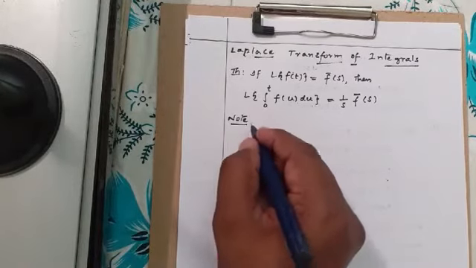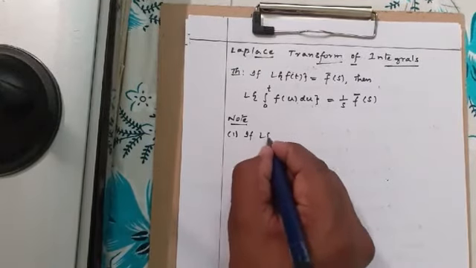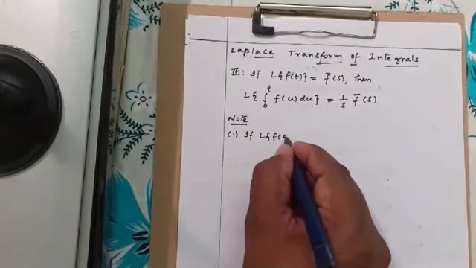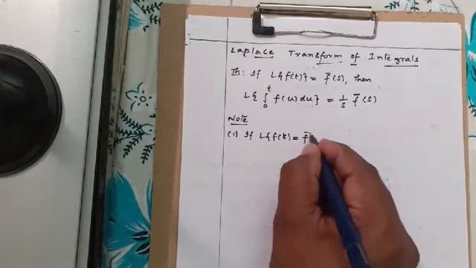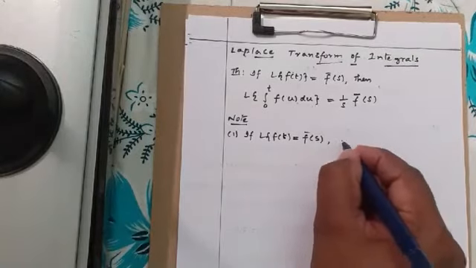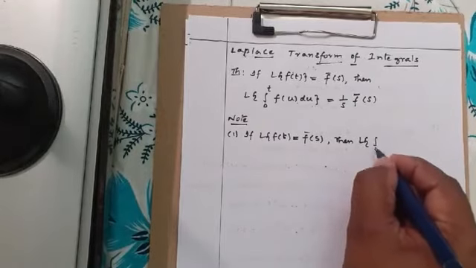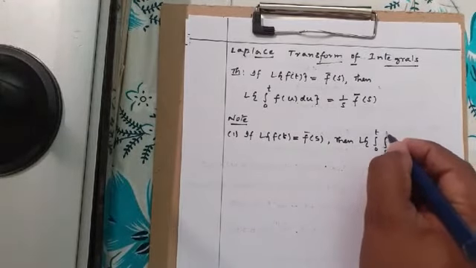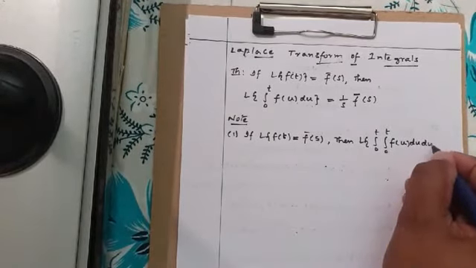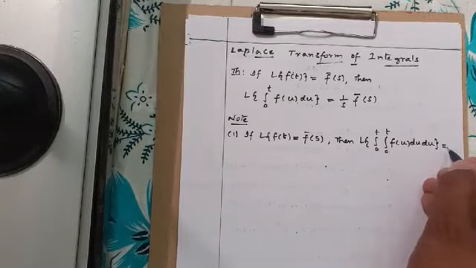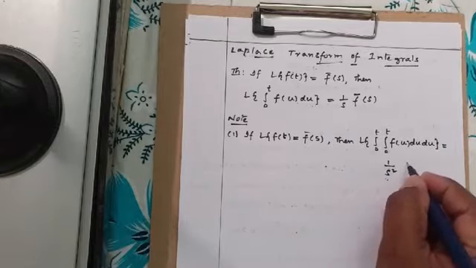Now the first note is, if Laplace of f of t is equal to f bar s, then Laplace of integral 0 to t f of u du, just close the bracket, is equal to 1 upon s square f bar s.